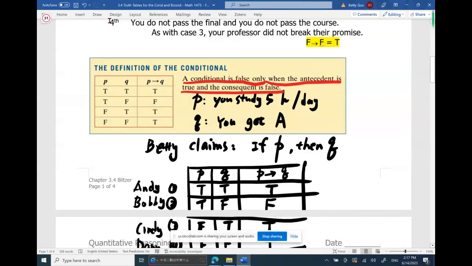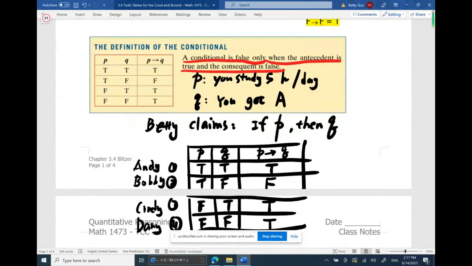As you can see in this truth table, only in Bobby's case is my claim false, right? Let me repeat this very, very important sentence regarding the truth values of a conditional statement.